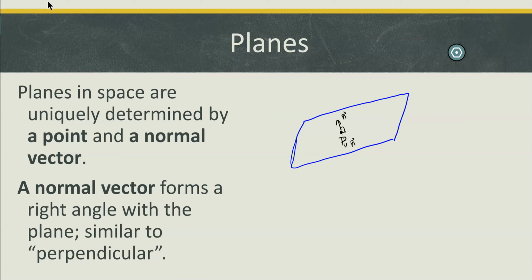But they all have the same direction, and so that normal vector creates a vector unique to the plane. So we say that planes are uniquely determined by a point and a normal vector. And note that that normal vector forms a right angle to the plane. We could think of that as being similar to perpendicular.